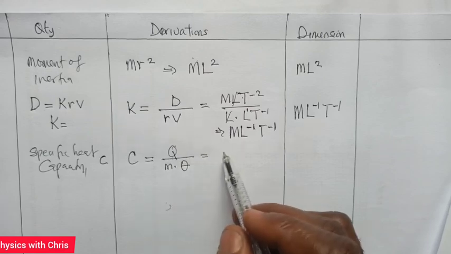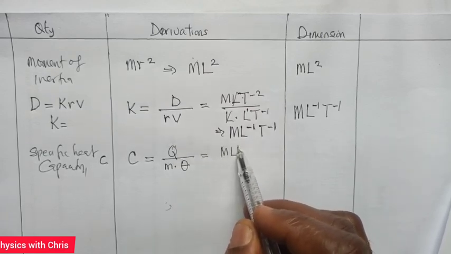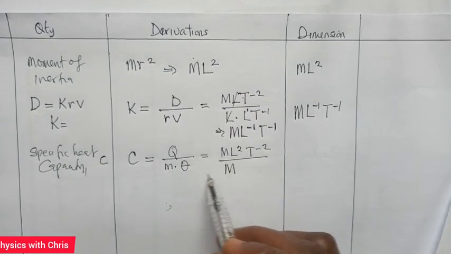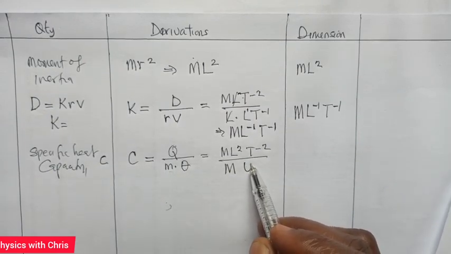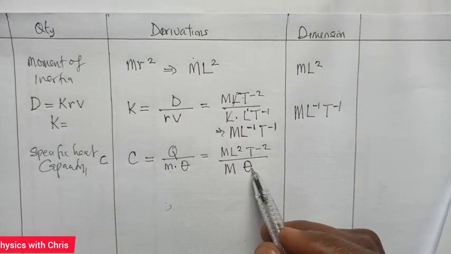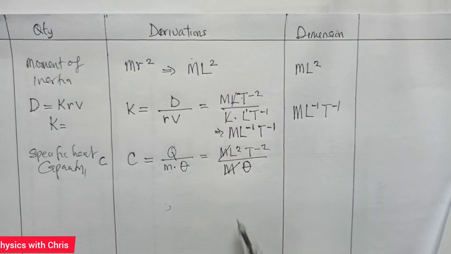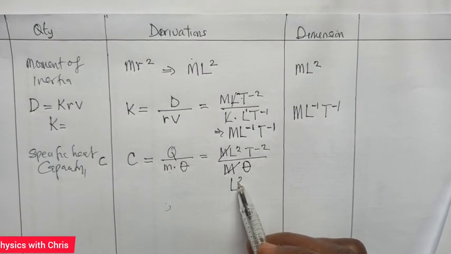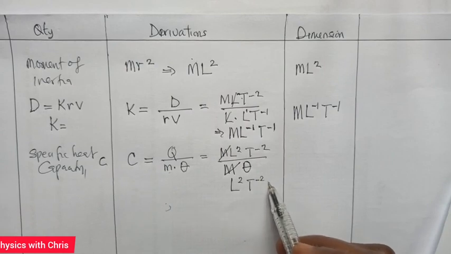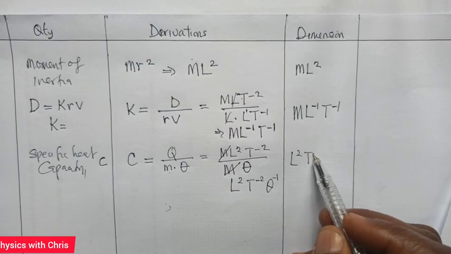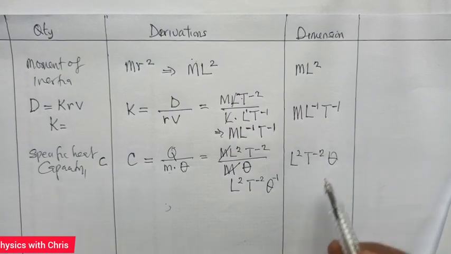The dimension of energy we have already got before, that is M L squared T minus 2, divided by the dimension of mass, that is M, and the dimension of temperature, for which we use theta. I know some authors use K for the dimension of temperature, but I'm using theta. So the dimension of specific heat capacity gives you L squared T raised to power minus 2 theta raised to power minus 1.